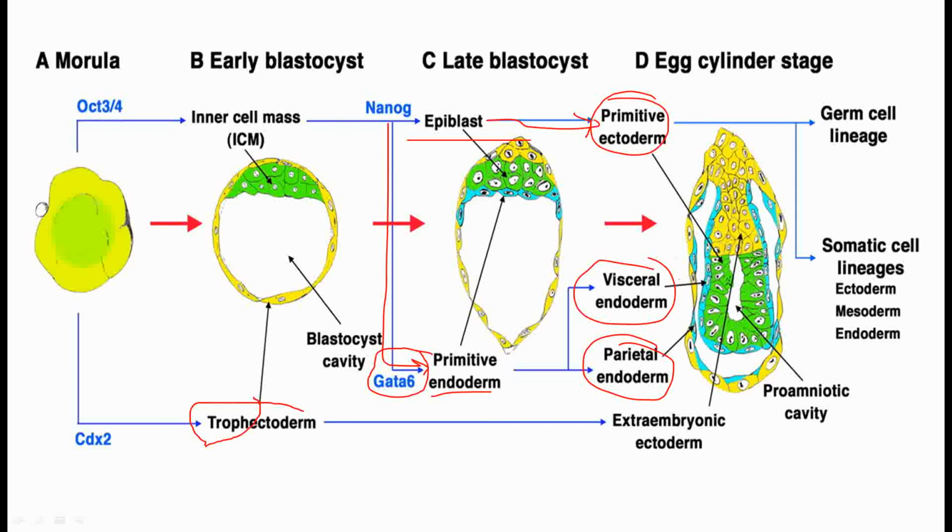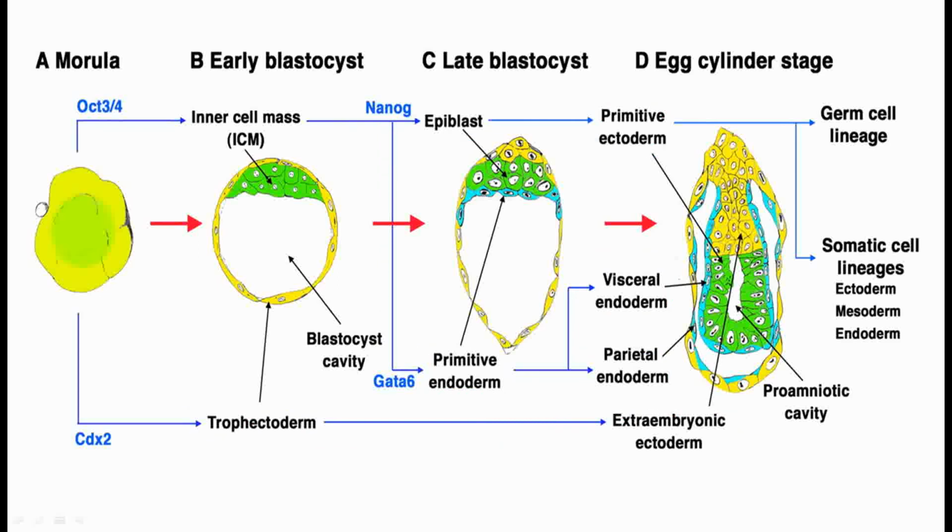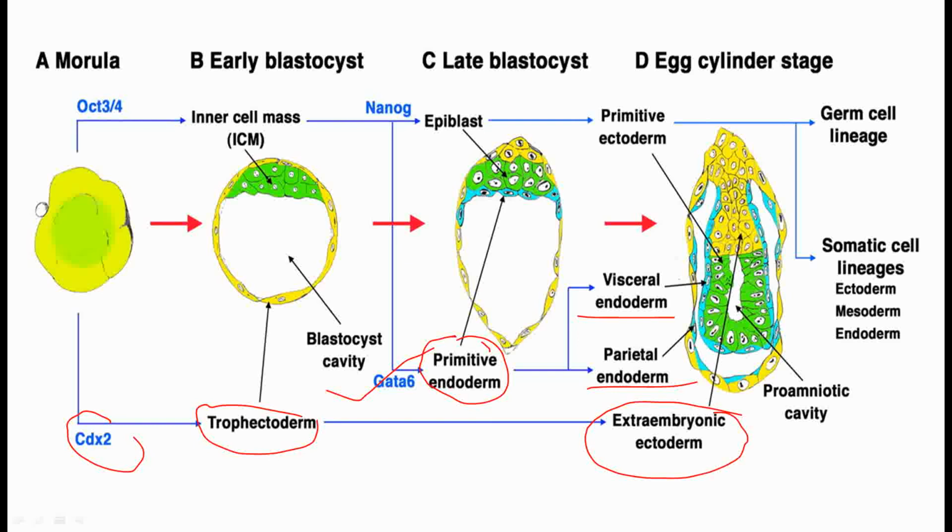This trophectoderm directly undergoes extra-embryonic ectoderm differentiation. So you can see here this primitive endoderm formed after the signaling pathway GATA6 forms visceral and parietal endoderm, while this trophectoderm formed after CDX2 signaling forms extra-embryonic ectoderm, while this epiblast forms primitive ectoderm.